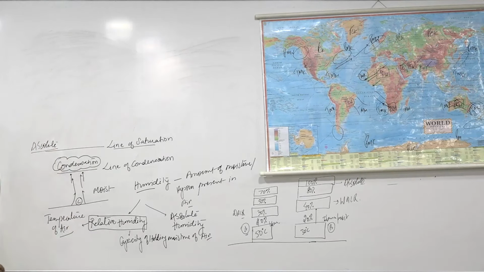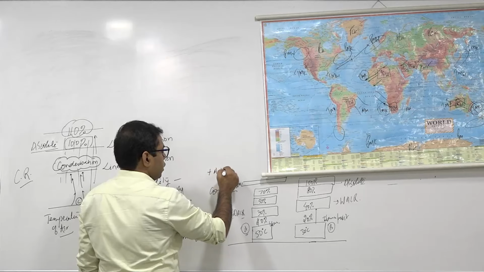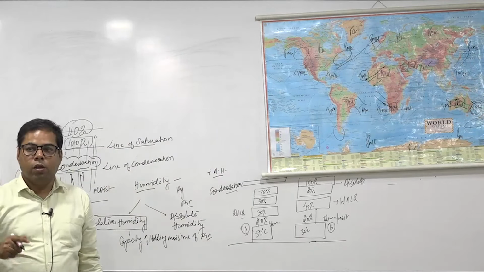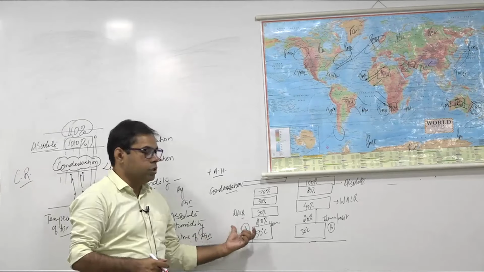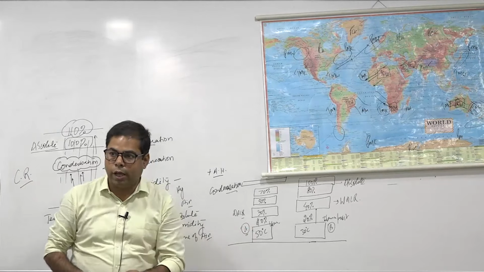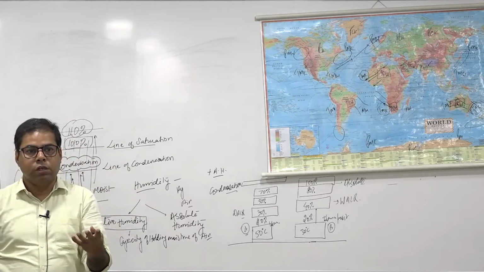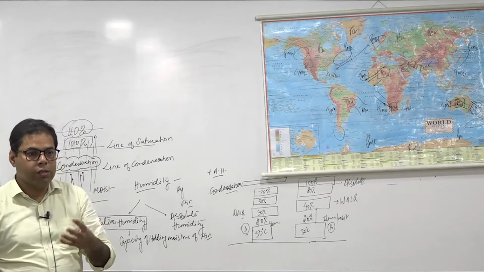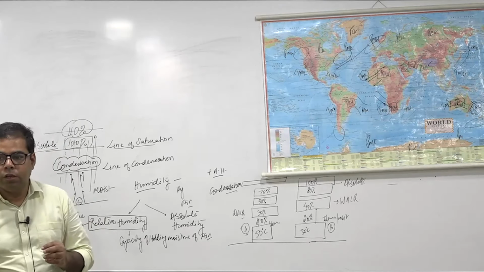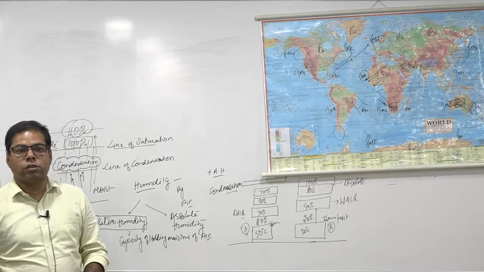And then when the air reaches the absolute humidity or beyond the saturation point, drizzling will happen. Why? Because the presence of moisture in the air is very less. When drizzling happens, there will be re-evaporation because the surface temperature is more, or that amount of precipitation is not sufficient to meet the demand of the water bodies on the surface.